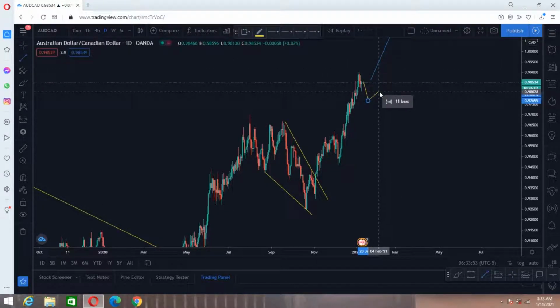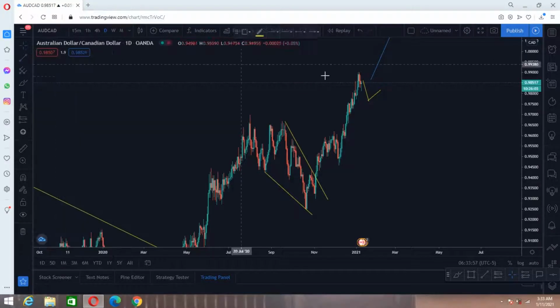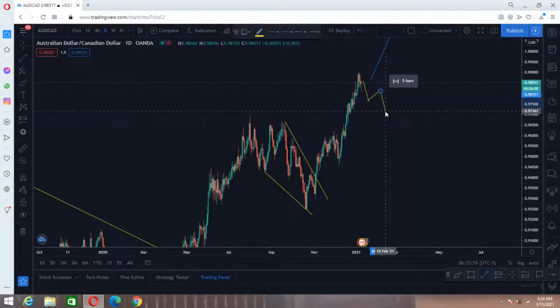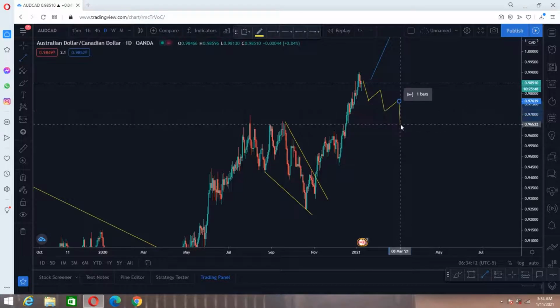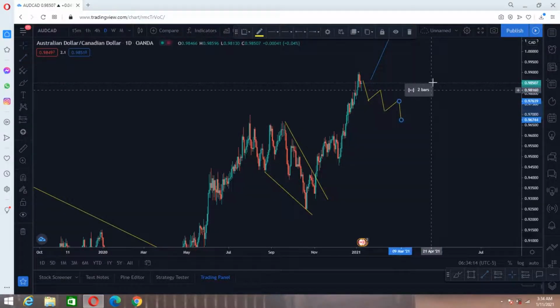Then we know that we're still going to the upside. Even if we don't get the continuation pattern on the daily, because here we're on the daily time frame, we can do it on the 1 hour time frame, as I like to enter on the 1 hour time frame.